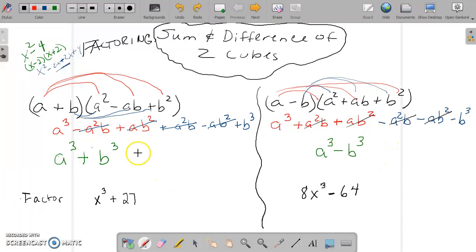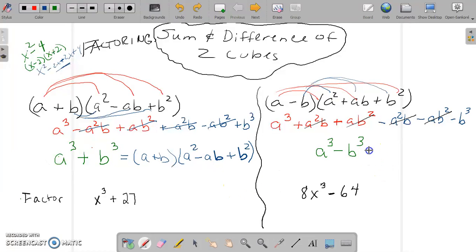So that was multiplying it out. Now you're going to be given a cubed plus b cubed and have to go in reverse and factor it. The rule is, if it's a cubed plus b cubed, it factors into a plus b times a squared minus ab plus b squared.